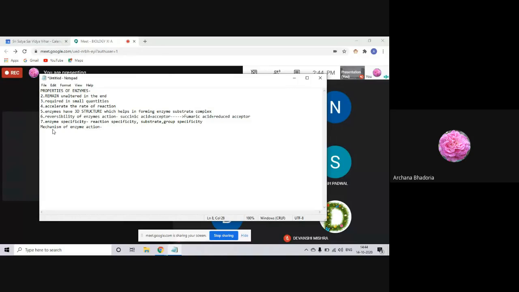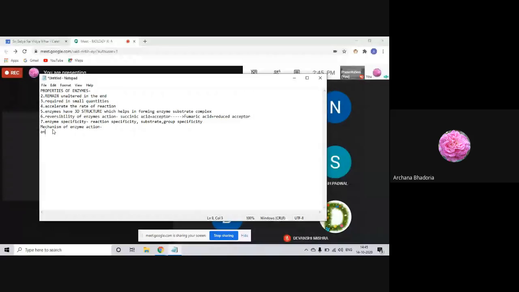What the enzymes do, or how it happens, is that the enzyme will combine with what? The substrate. Did you understand what a substrate is? We are using the word substrate again and again.